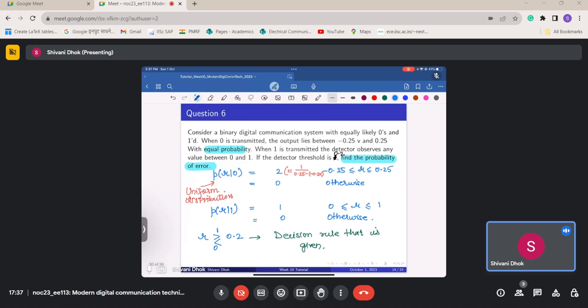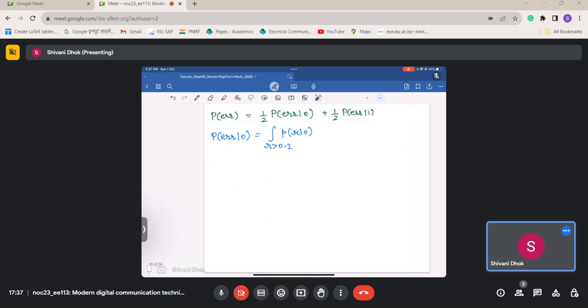So if R is greater than 0.2, then R given 0 just lies between minus 0.25 to 0.25, and we are integrating for R greater than or equal to 0.2. So we'll just integrate it over 0.2 to 0.25.